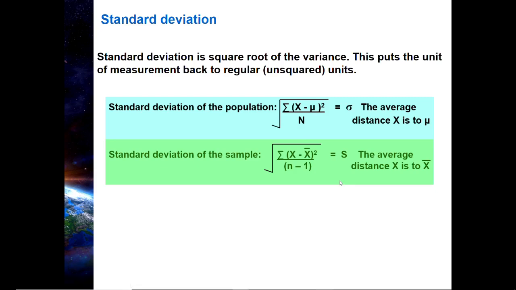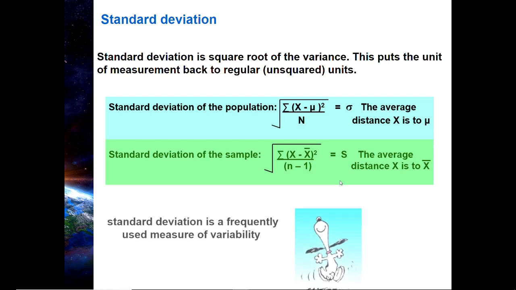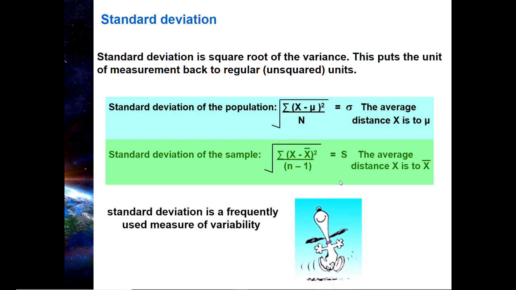So you've learned that S is the most commonly used measure of variability. The reason for that is twofold. It gives us an average, the average distance scores are to the mean, but we had to calculate it a very special way. We had to get variance first and then find the average.